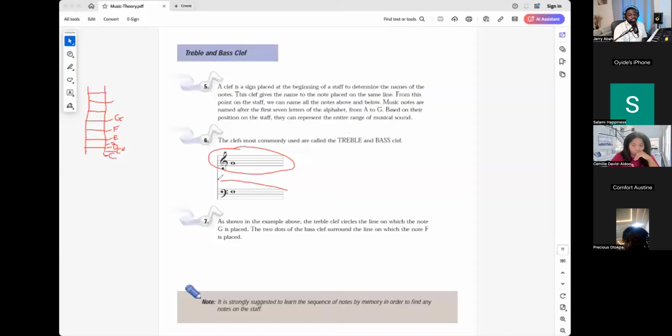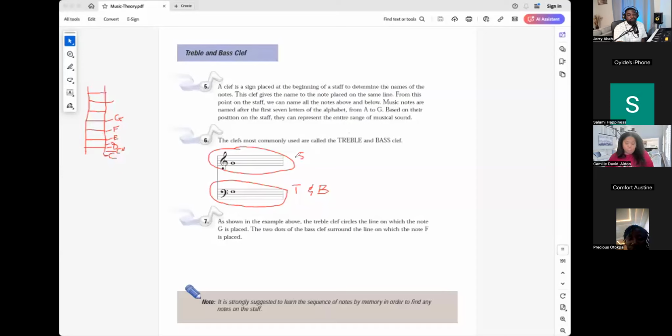staff. That's the grand staff, where we have alto and soprano focus on the treble clef, and then tenor and bass will have their parts written on the bass clef.